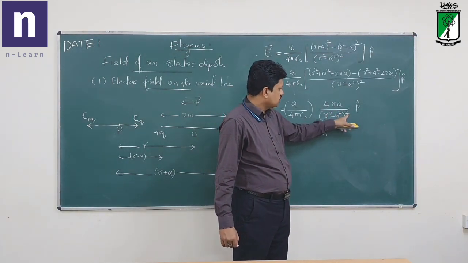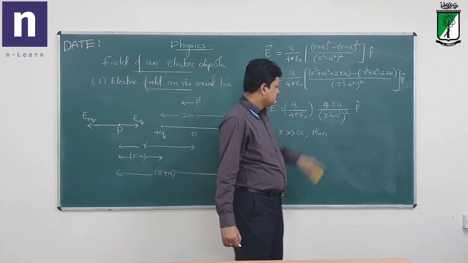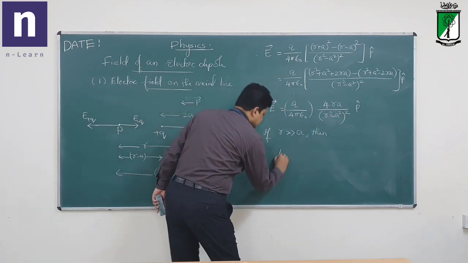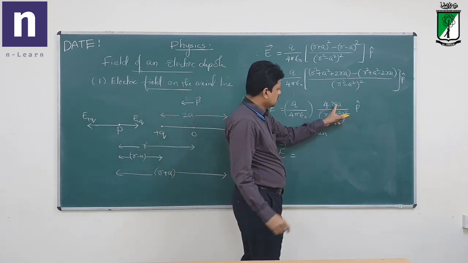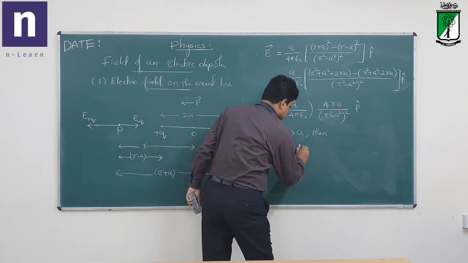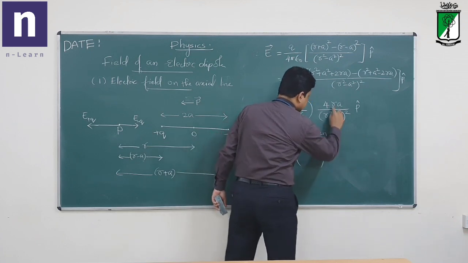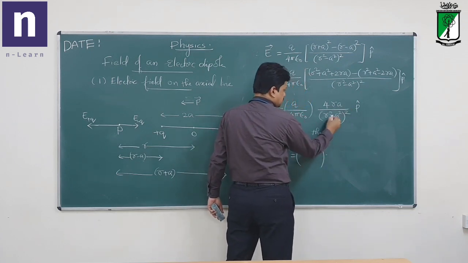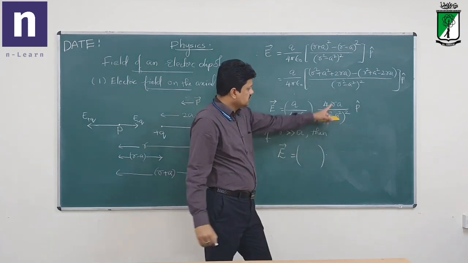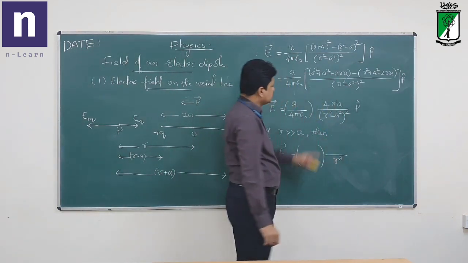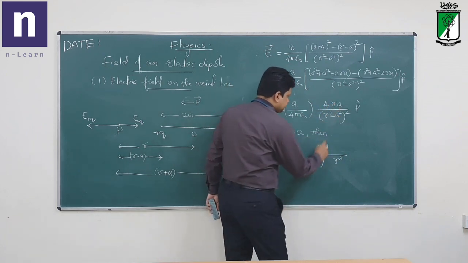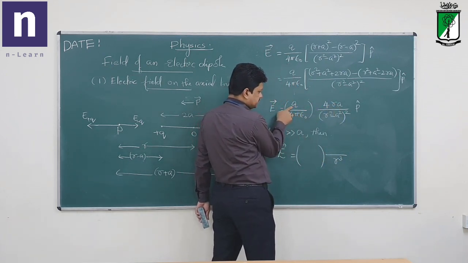So r square whole square, which is r to the power 4. So automatically you find E is equal to, one r gets cancelled here, r square whole square that is r power 4, one r gets cancelled, so r cube is left in the denominator. Numerator 4a is there, and there is one q here.